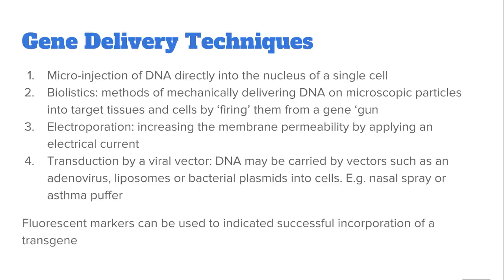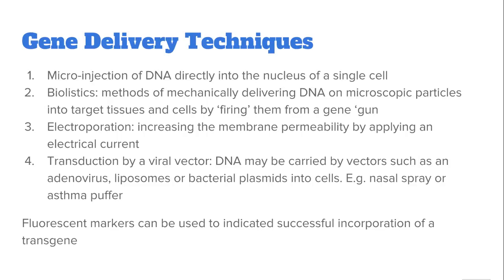We can have electroporation, where an electrical current increases the permeability of the membrane, which allows the gene to move in, or we can have transduction by a viral vector, where the DNA is carried by vectors, including viruses or plasmids. A process in which this happens is when we use things like nasal spray or asthma puffers.